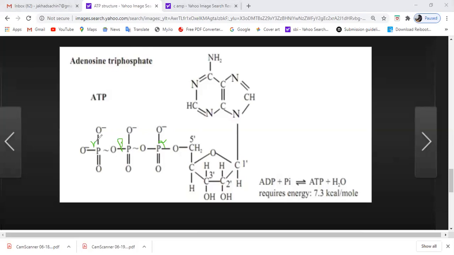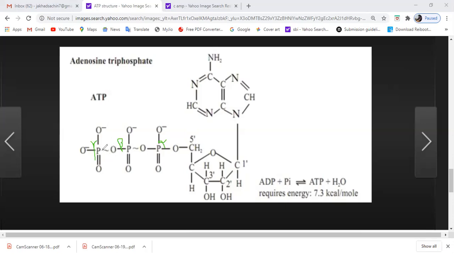A question has been asked, so I'm telling you these things. Whenever this ATP is used by a kinase, this gamma phosphate is transferred to a substrate molecule because it is the outermost, and ADP will form. ADP will have alpha and beta phosphate, and ATP also has one gamma phosphate.